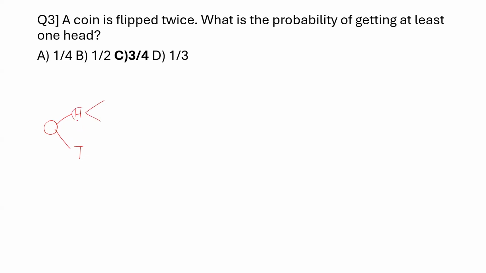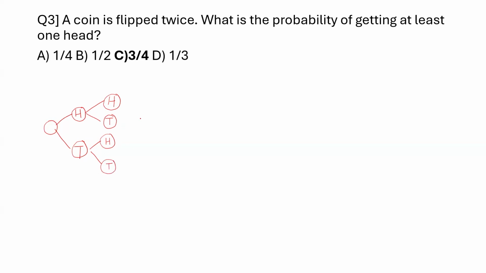So, let's say this is a coin, this is a coin. So, when you flip this coin, it lands on heads. And once it lands on heads, again, you are flipping it. So, again, you have two possibilities, heads or tails. Similarly, if the first flip lands on tail, you have two possibilities. Heads, second flip, or tail, right?